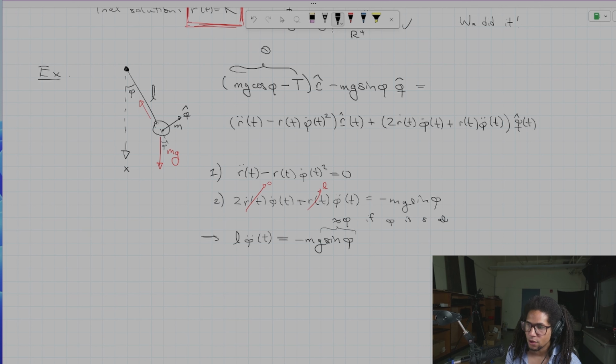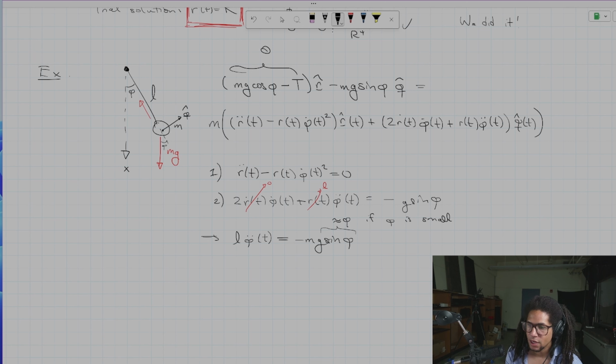And without even working very hard, we have, and where did I screw this up? I forgot to divide by m. That was my fault. So this is all true if I throw an m around this entire side of the equation. All right.